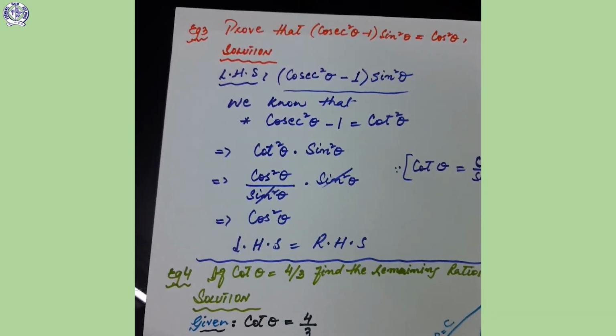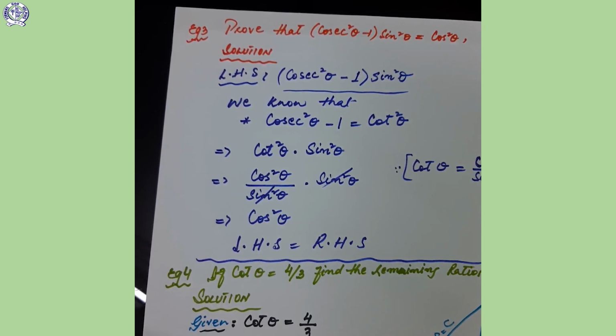In the model paper also you can see this one identity question, a proof question. So please practice, do the derivation, and it's easy. Learn the main 3 formulas, and with the help of those you can make more formulas. I hope you have understood these identities.